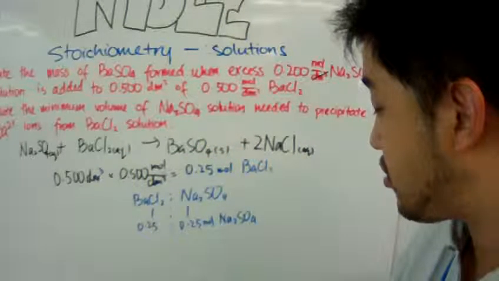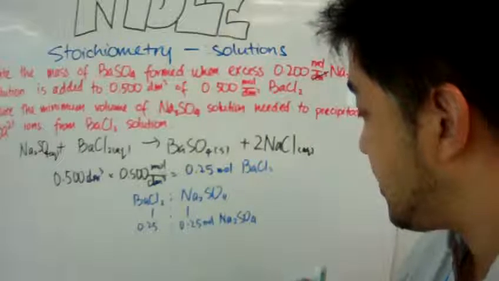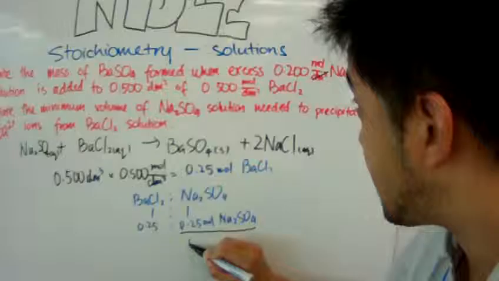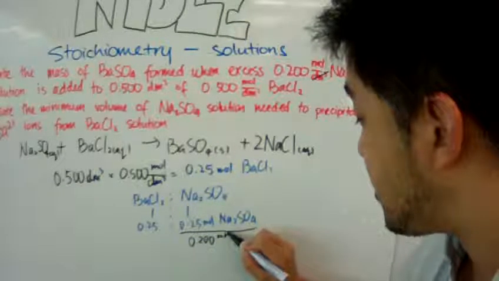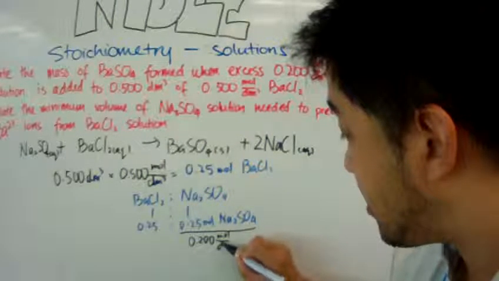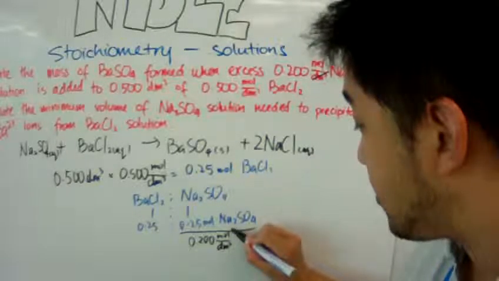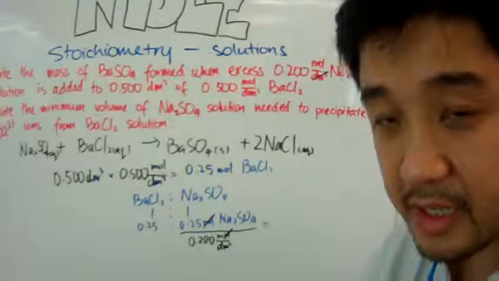So what do we do now? Yes, we would take 0.25 moles and divide it by the concentration of sodium sulfate, because the concentration of sodium sulfate is 0.2 moles per cubic decimeter, okay? And I would cancel out the unit of moles, and I would get an answer.